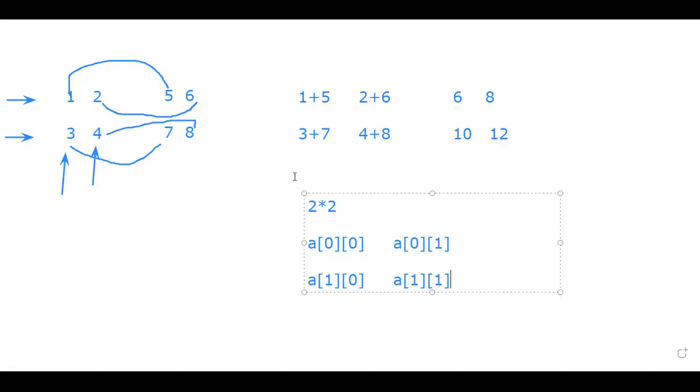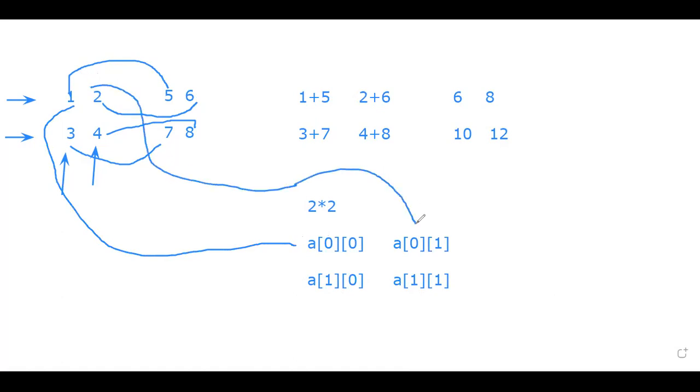So now map these values and you can understand clearly. In this case, this one represents this one. This 2 is represented with this one. And this 3 is represented with this one. And 4 is represented with this one.